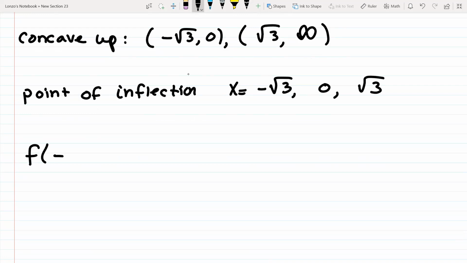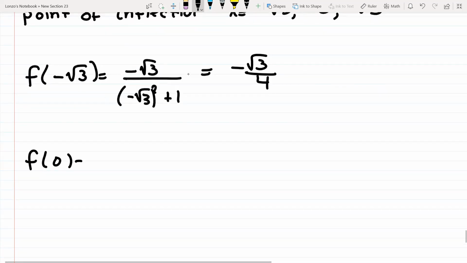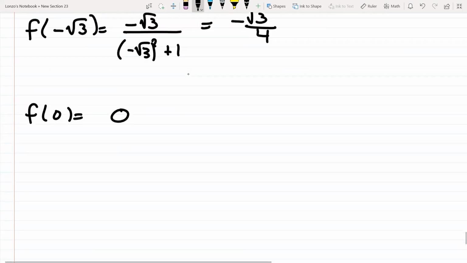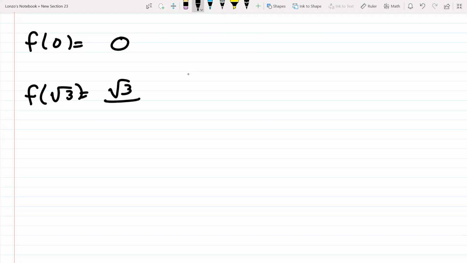So if you plug in negative radical 3 into the original problem, you get negative radical 3 over 4. And when you plug in 0 back into the original problem, you get an output of 0. And when you plug in radical 3, you get radical 3 over radical 3 squared plus 1. So that would be radical 3 over 4.